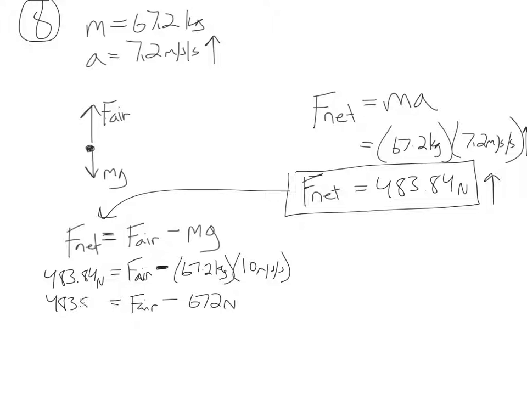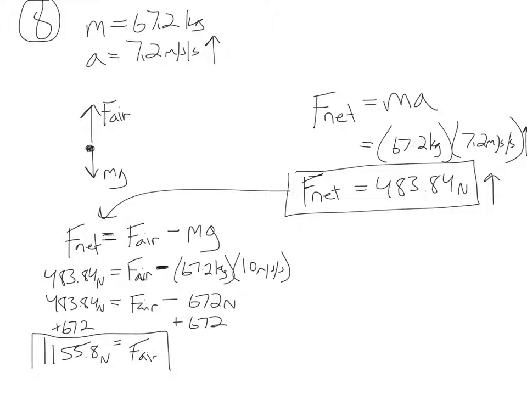Carry through that net force, newtons, since I'm subtracting 672. I'm going to add 672 to both sides, which is the weight, which gives me an air resistance of 1,155.8 newtons. And that would be my air resistance.